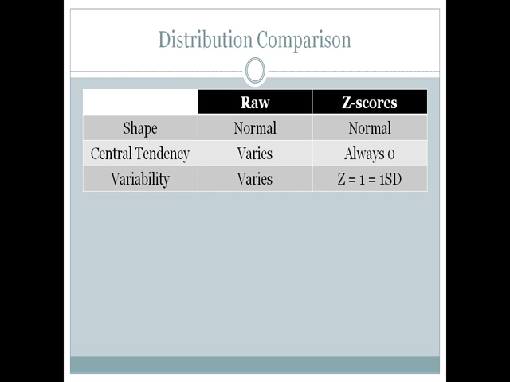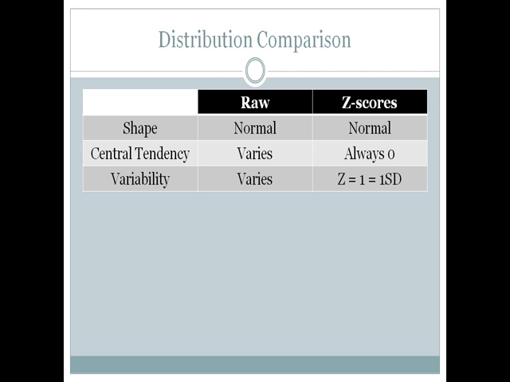Now, let's compare the distribution for the raw scores to the distribution of the z-scores. If the shape of the raw scores is normal, remember, the shape of the z-scores is the exact same as the shape of the raw scores. It doesn't change the shape of the distribution. Now, the mean for a distribution of raw scores can be a lot of different values.